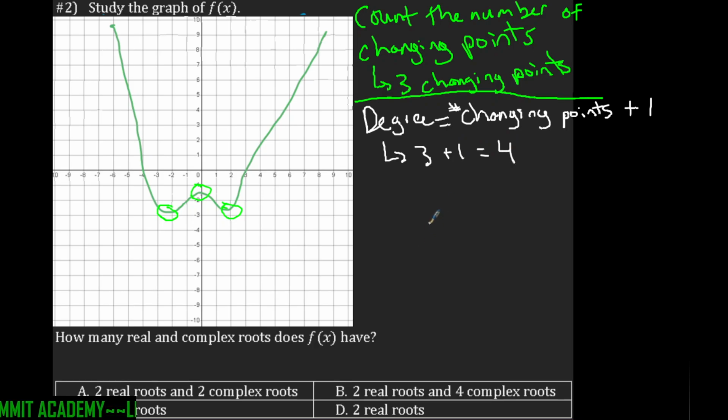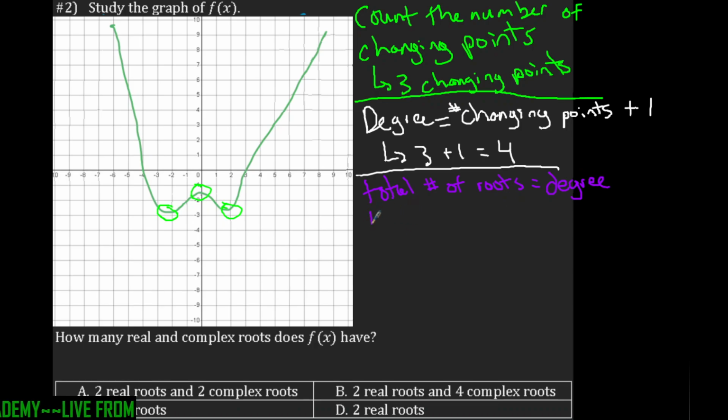That's helpful because we also know that the total number of roots is equal to our degree. Since our degree is 4, our number of roots is also going to be 4. So we can narrow it down.